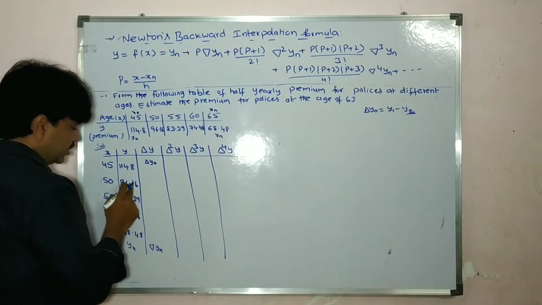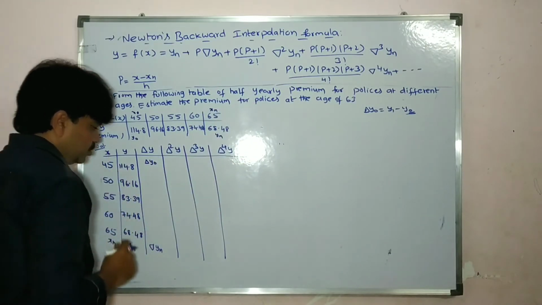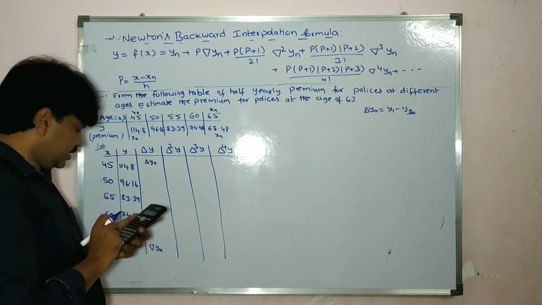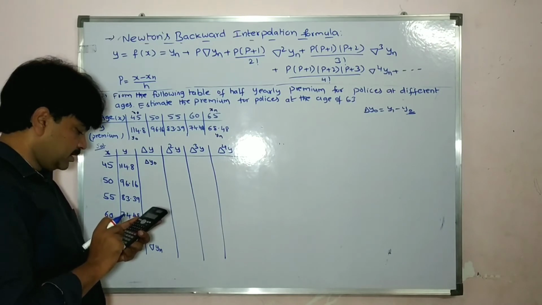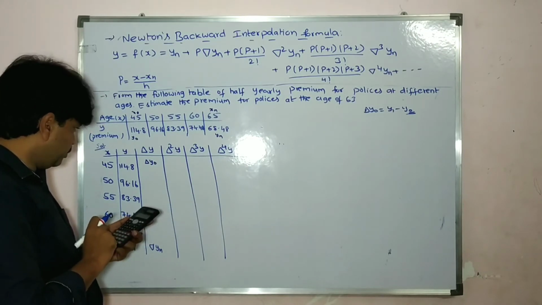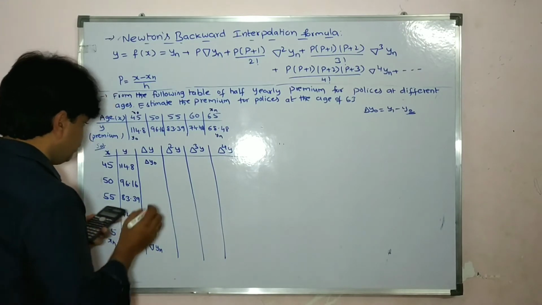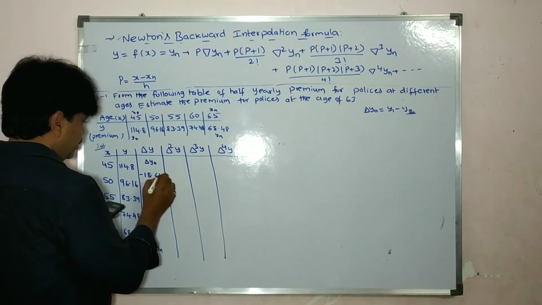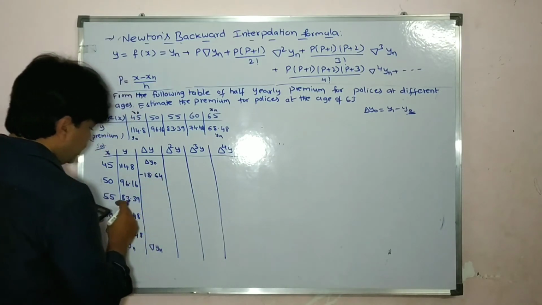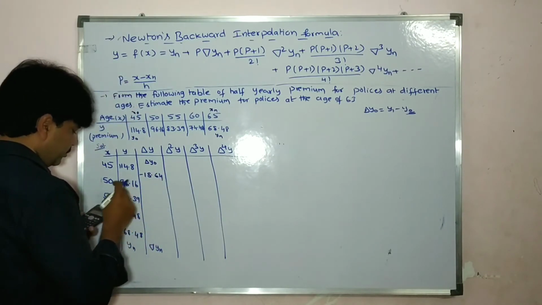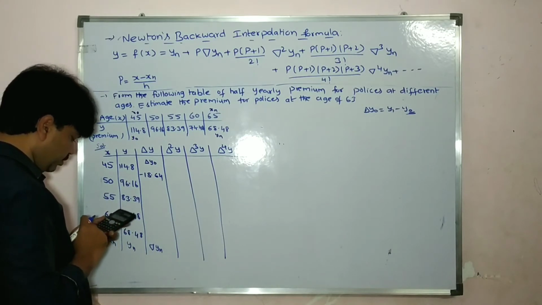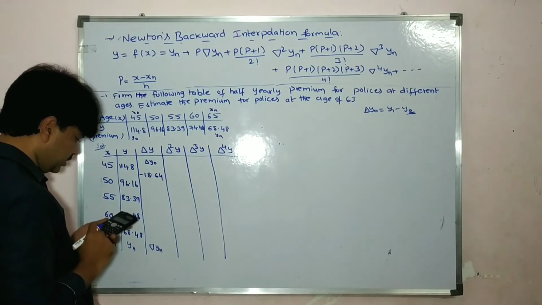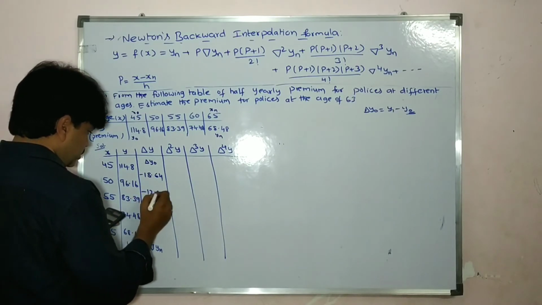That means 96.16 minus 114.8. Use the calculator, students. 96.16 minus 114.8 gives minus 18.64. Then 83.39 minus 96.16 is equal to minus 12.77.